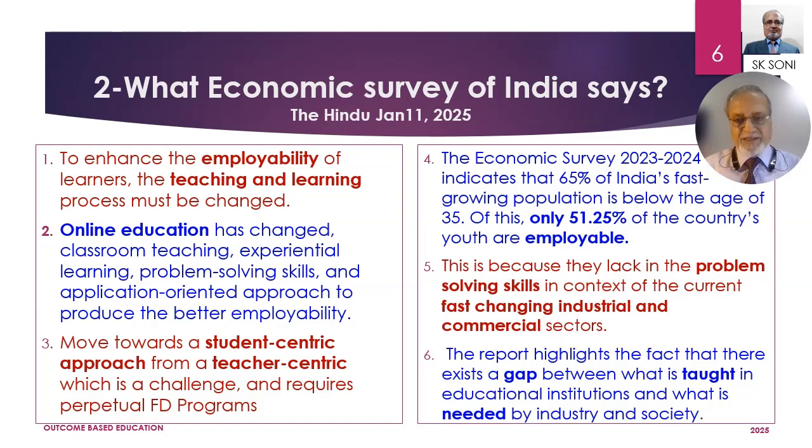The report highlights that there exists a gap between what is taught in educational institutions and what is needed by industry and society. So, all these changes are required to be undertaken soon with a lot of care.